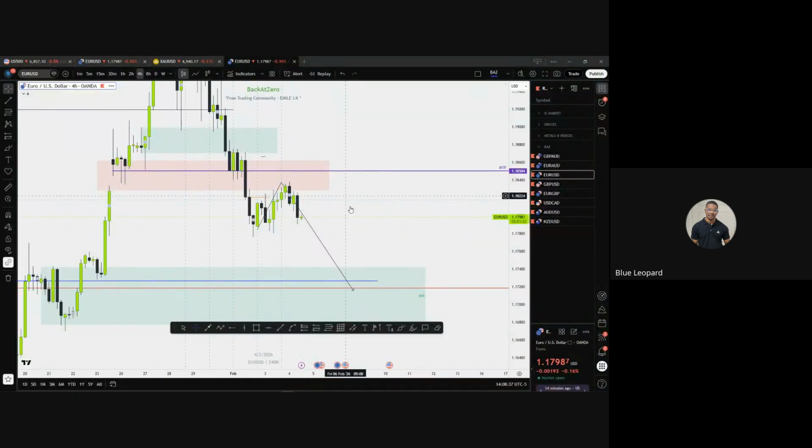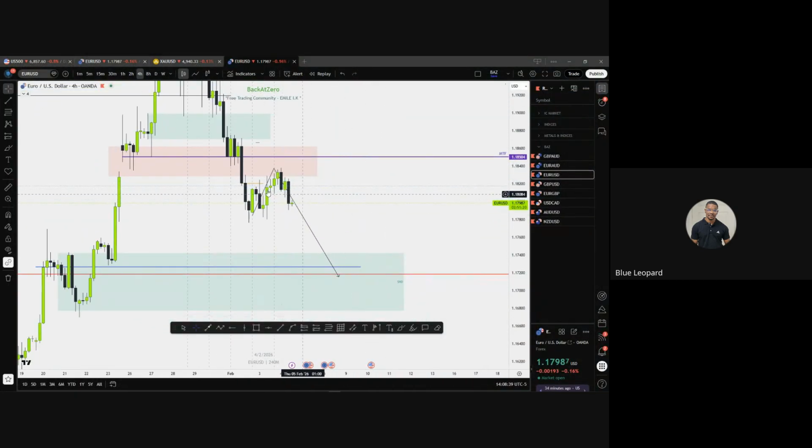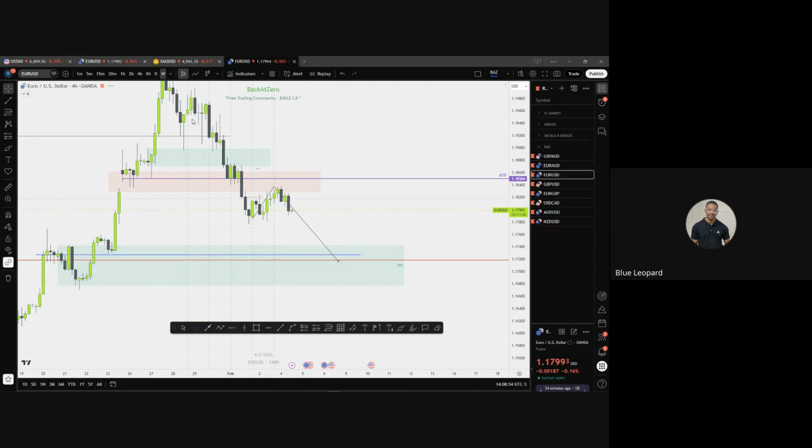So what I was saying here is, you saw how price started the week on Monday here, and then dropped, and Tuesday came back. I prepared myself to see this move. Why? Because I know price was supposed to go bearish. Why? Because of the weekly.